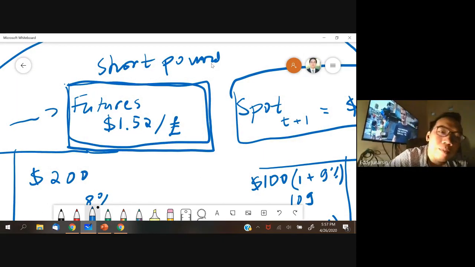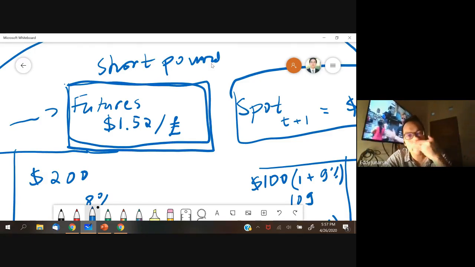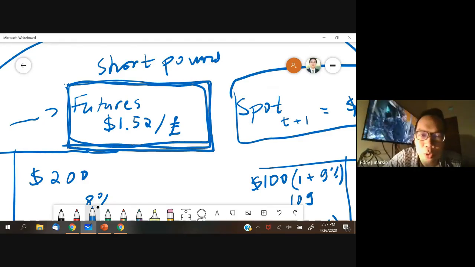Remember, because what you were afraid of was the decreasing value of the pound, the depreciating pound. So you wanted to sell it first. You made a commitment to sell it first, and the contracted price from last year was 152.